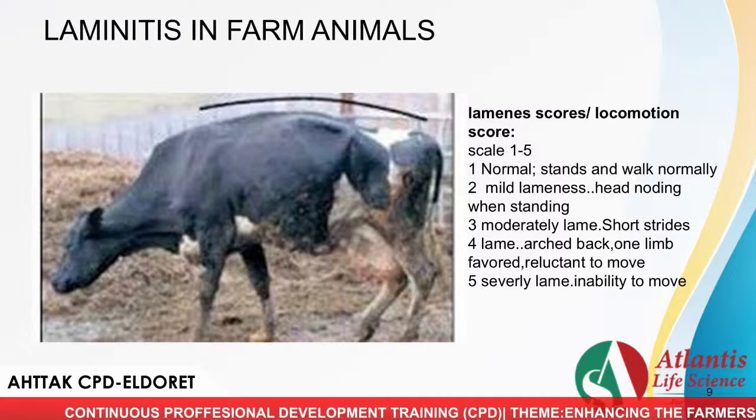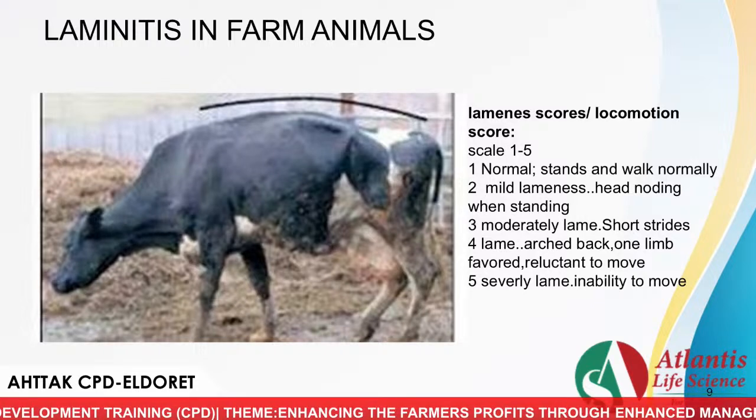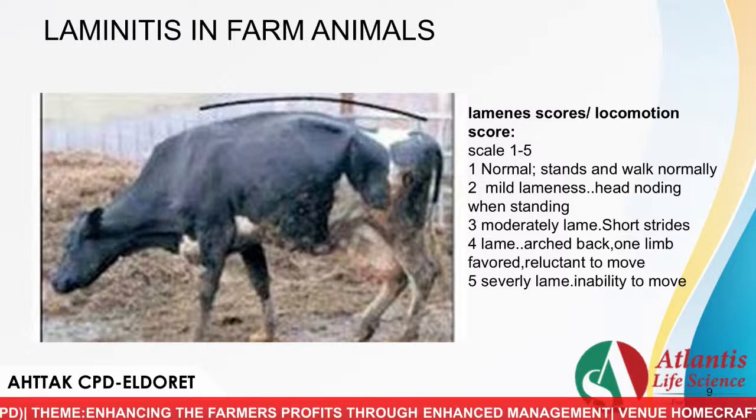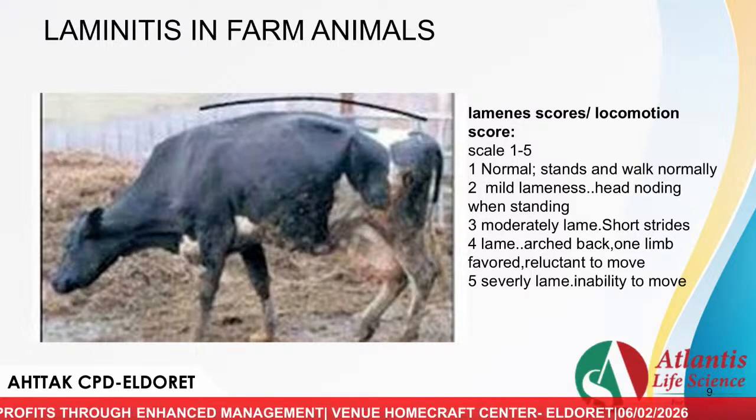And who can tell which limb is affected? Yes, the right hind limb, because as we can see, the animal is trying to favor that leg. So that is scale number 4.